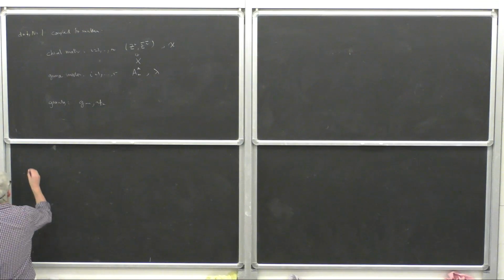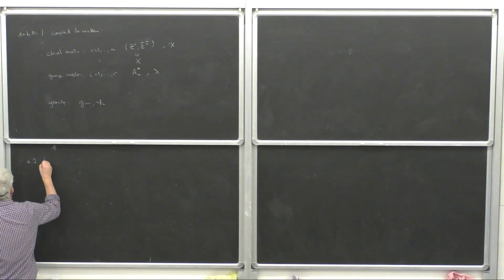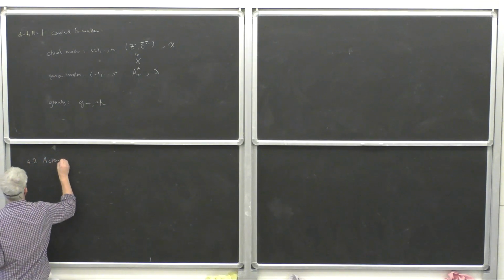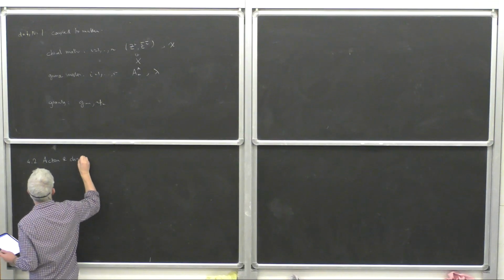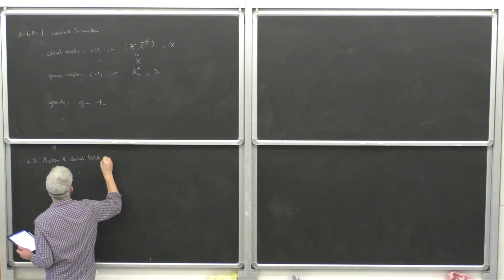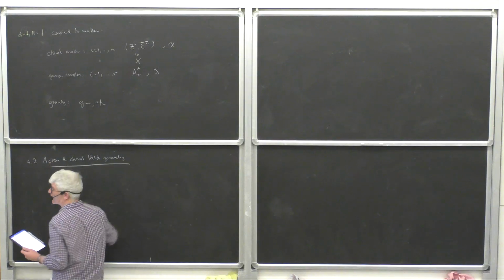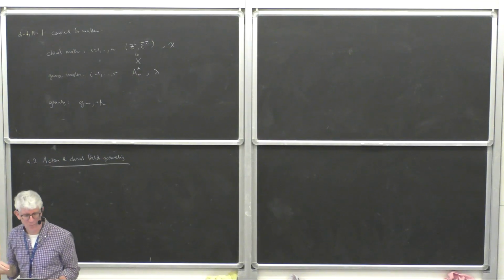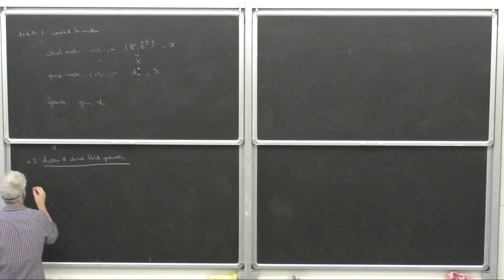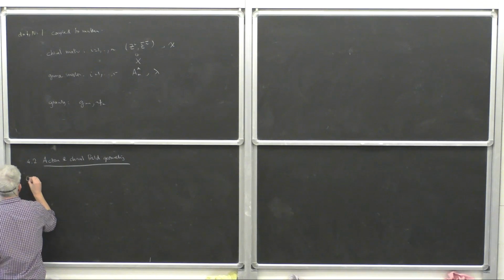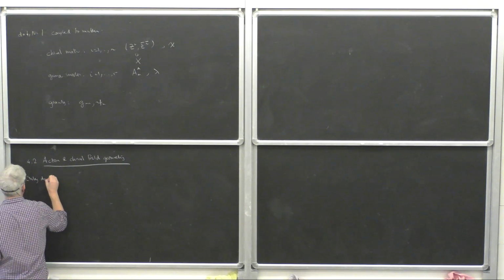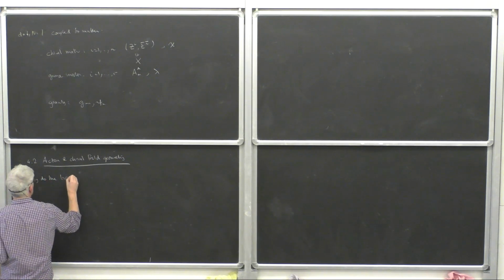So let's look at the action and the chiral field geometry. Again, I'm going to write down a complicated action, and then explain what the different bits are. So let's only do the bosonic fields.